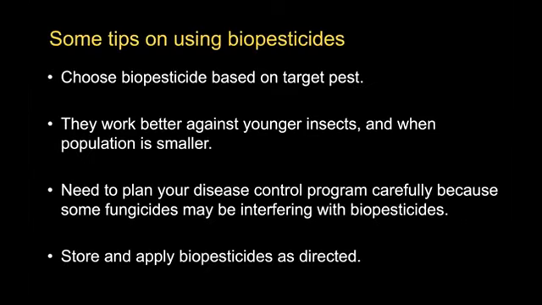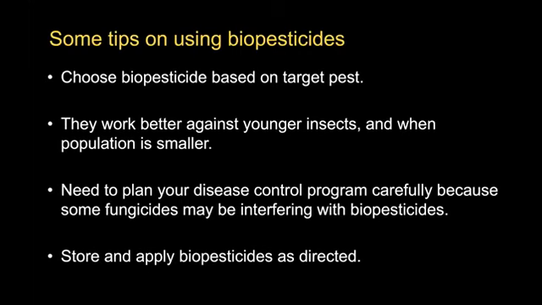So some tips for using these biopesticides: first, like I showed you in the last few tables, we have to choose these biopesticides based on the target pests, because they have very specific targets that they control.